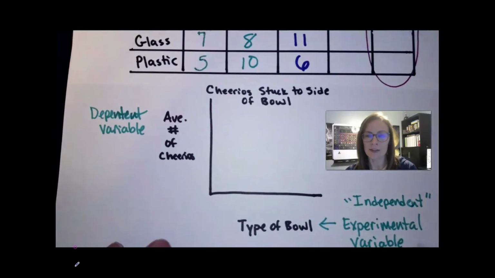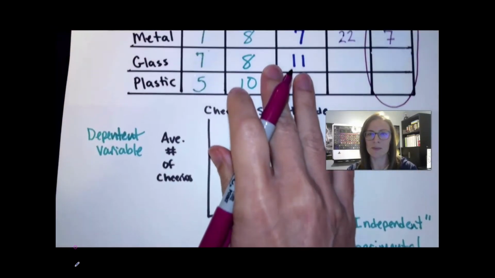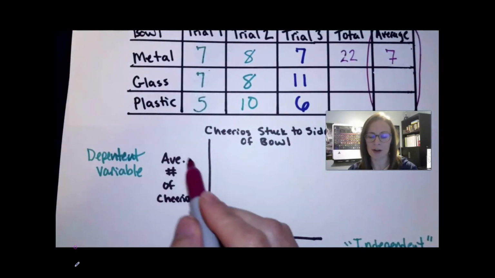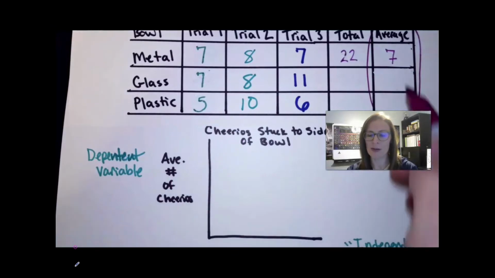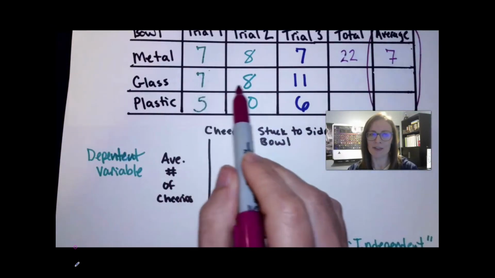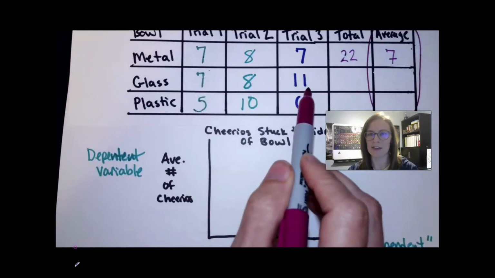The next part to this graph is to take a look at our data, because we need to put some numbers on our axes, right? We need to know the average number of Cheerios. So here we have 7, and the average of 7, 8, and 11 is going to be somewhere between 7 and 11.